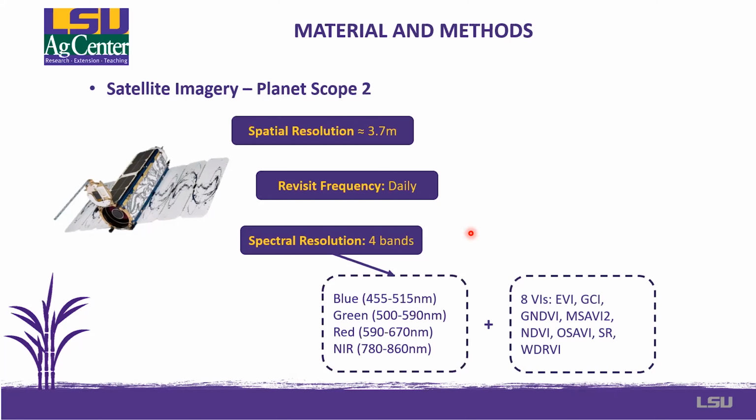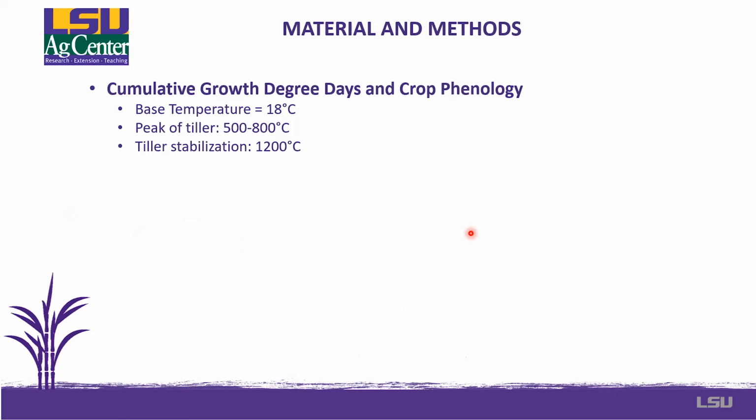For the image selection, instead of just getting all the images of the season, we decided to use cumulative growth degree days and the crop phenology to select a few points in the season that have a relationship with the final yield we're going to have.